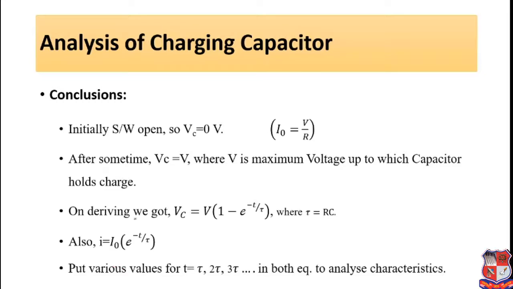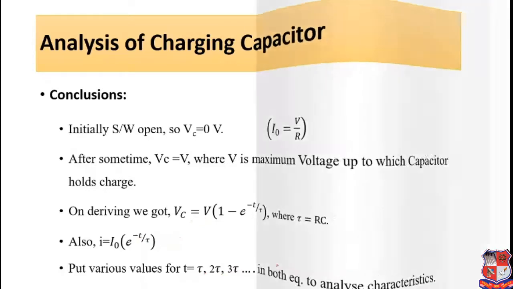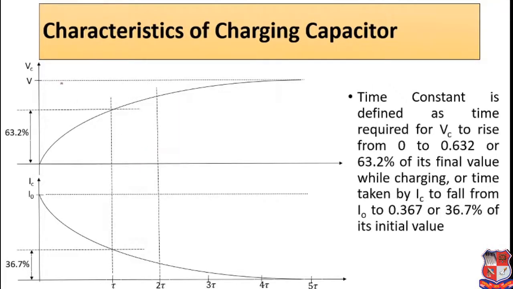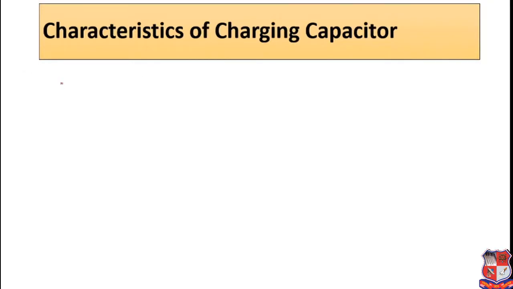We can find the graphical representation by keeping different values of t. That is, we can replace it by tau, 2 tau, 3 tau in both the equations, and we can find the graphs. The analysis can be observed. So let us see the analysis. The first characteristic will be for Vc, and the second will be for Ic.